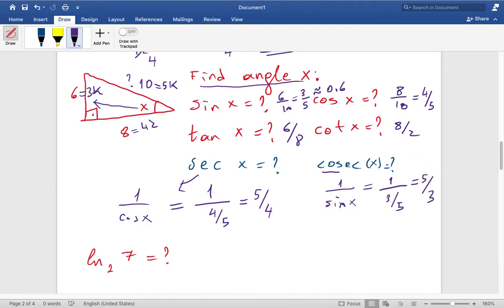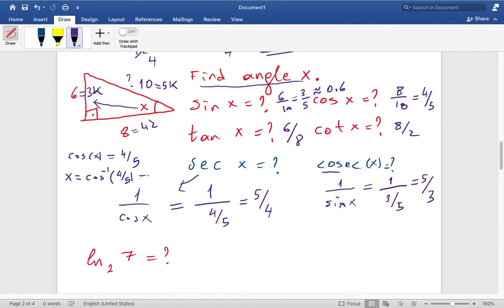Now, find angle x. How can I find angle x? It's so simple. When I have any value here, for example tangent of x or cosine of x, so I know that cosine of x is equal to 4 over 5. By using the inverse trigonometric function, x, which is my angle, is arc cosine of 4 over 5.